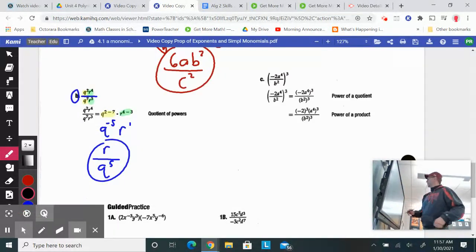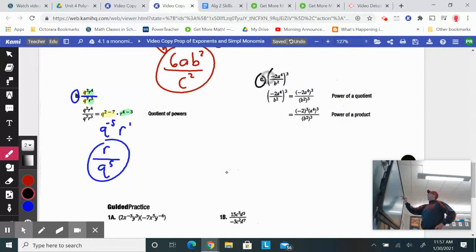All right, example C. I have this quotient, negative 2 times a to the fourth divided by b squared. All that is being raised to the third power. So what I can do here is I can distribute. I have a power of a quotient.